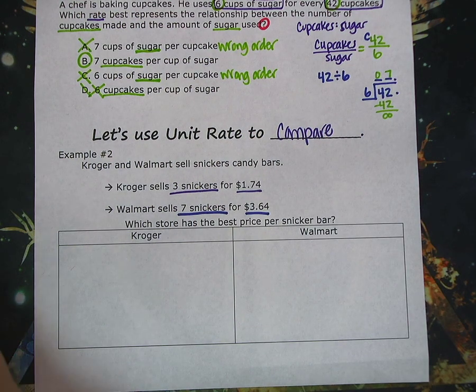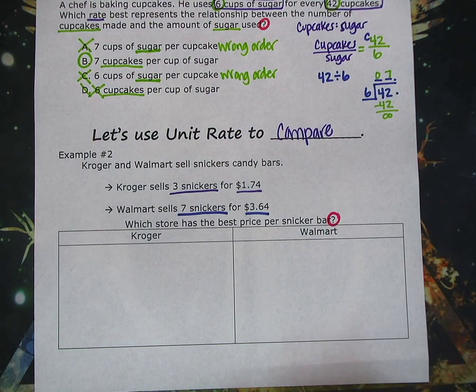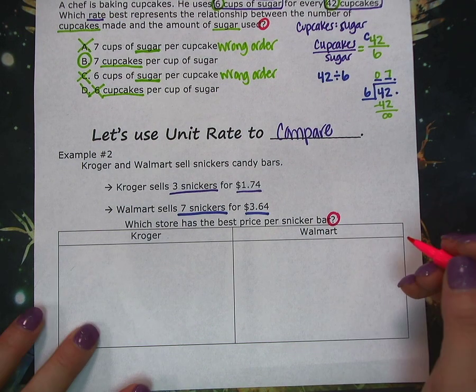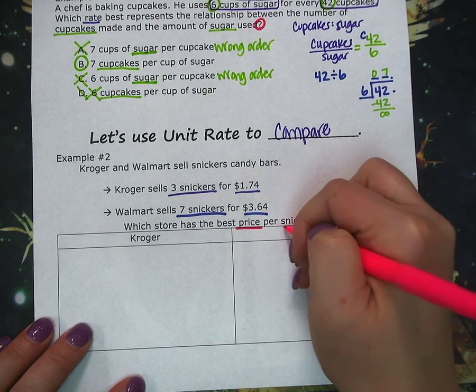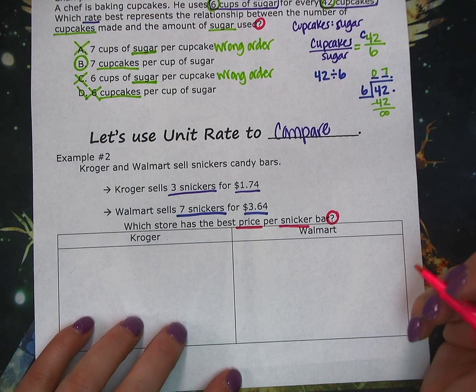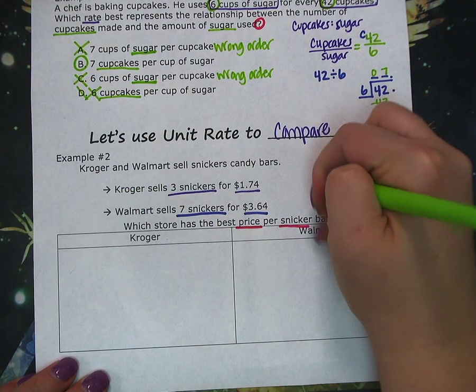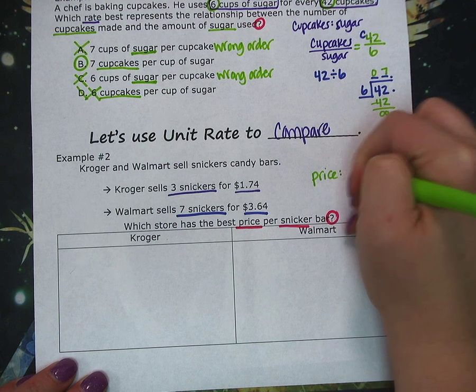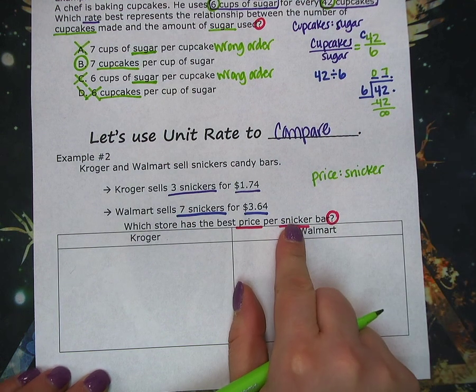And my question statement, remember we're looking for the question mark, and that's where I'm going to find my words. I'm looking for the order. So in this case, it says price first, then Snicker. So our order will be, again, price and then Snicker. And I got that order from my question statement.